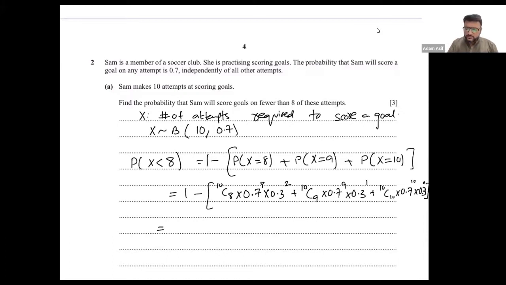Now let's calculate this. Rafe and Nafe, tell me the answers.